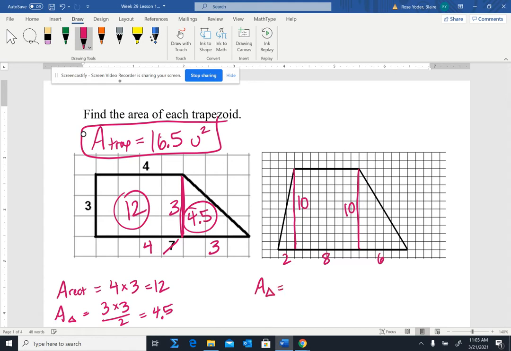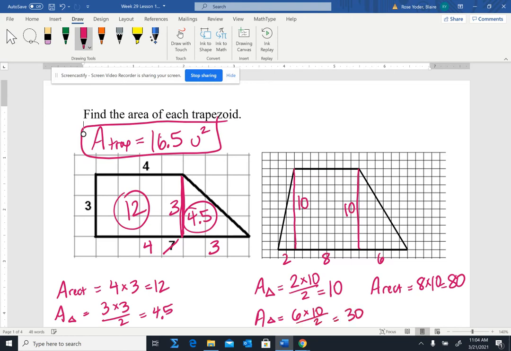So the first triangle is 2 times 10 divided by 2. So that's just 10. The rectangle is 8 times 10, base times height. So that's 80. And then the second triangle is 6 times 10 divided by 2.